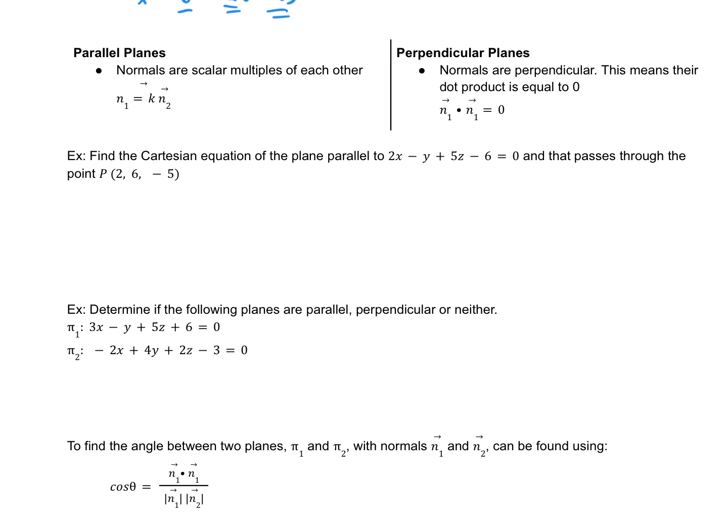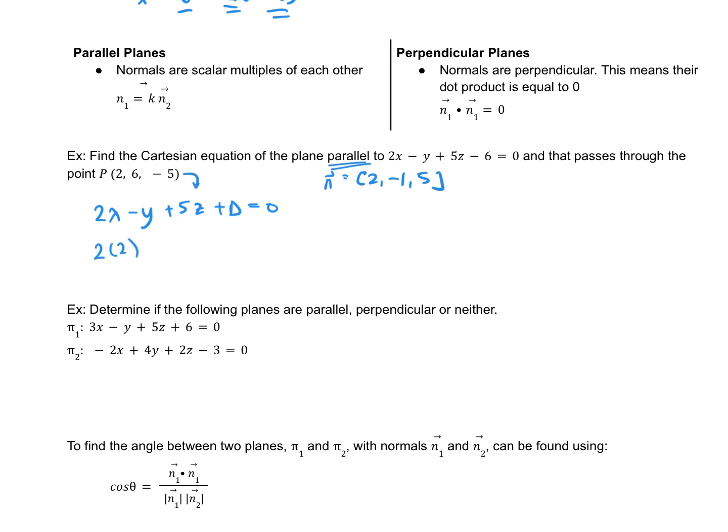Well, if we know that our planes are parallel, their normals have to be the same. So they're going to share a normal: 2x minus y plus 5z. The only thing they're not going to share is that d value, and we'll solve for it by plugging the point in.